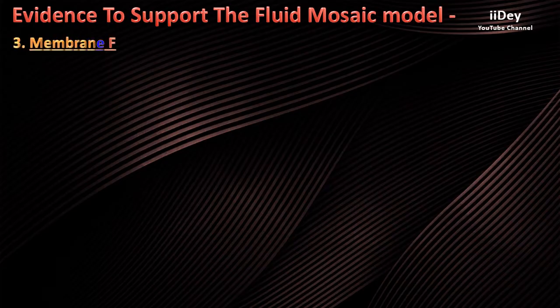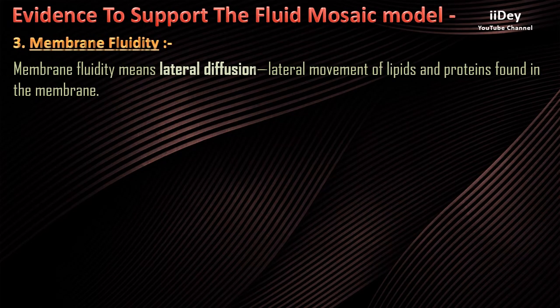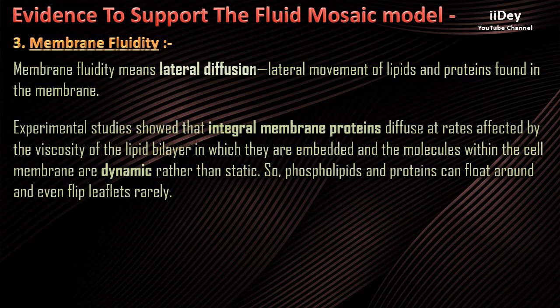Number 3. Membrane fluidity. Membrane fluidity means lateral diffusion, that is, lateral movement of lipids and proteins found in the membrane. Experimental studies showed that integral membrane proteins diffuse at rates affected by the viscosity of the lipid bilayer in which they are embedded, and the molecules within the cell membrane are dynamic, rather than static.